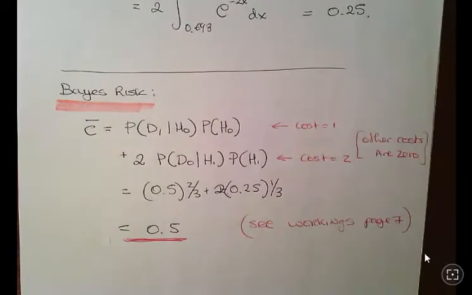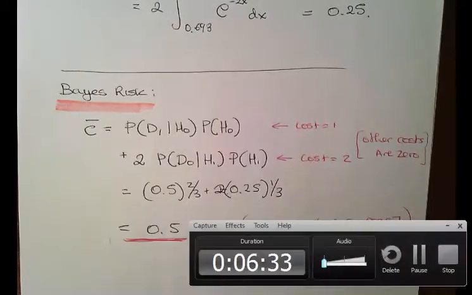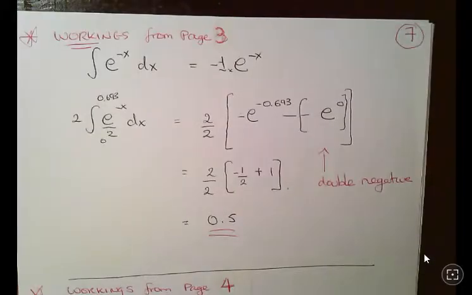So that is everything we need. I have some workings here, I'll pause it so you can have a quick look at them. These are the workings from earlier on where I calculated 0.5, in more detail here.